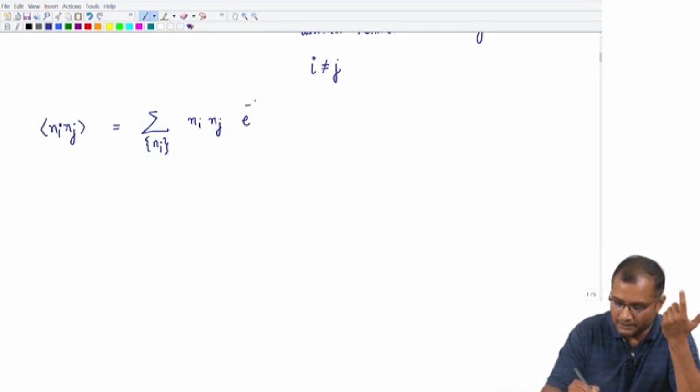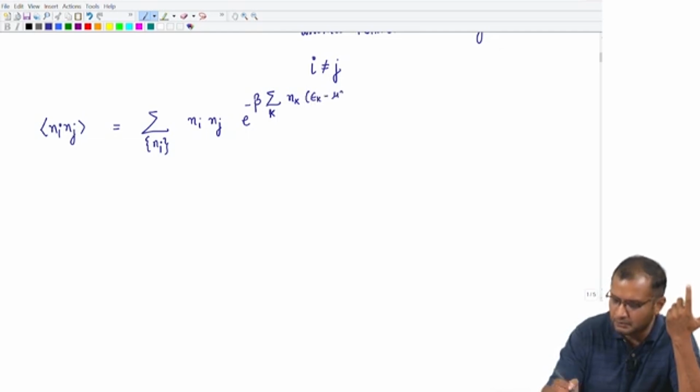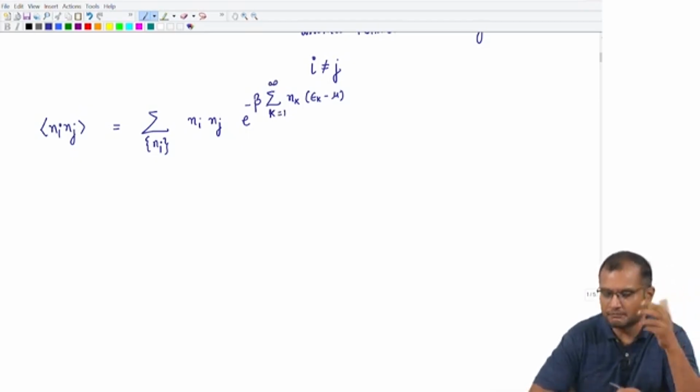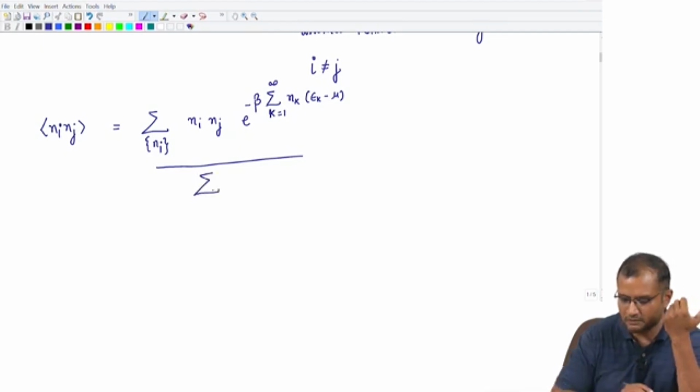the power. So, this is my probability distribution. I will take a different variable here, let us say k, which goes from 1 to infinity, nk (ek minus mu). Okay. So, here this variable will go from 1 to infinity, because we have infinite energy levels, right, and naturally this has to be divided by the norm, which is our familiar partition function.